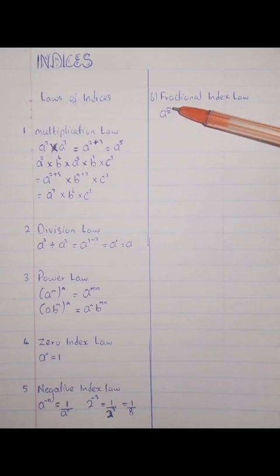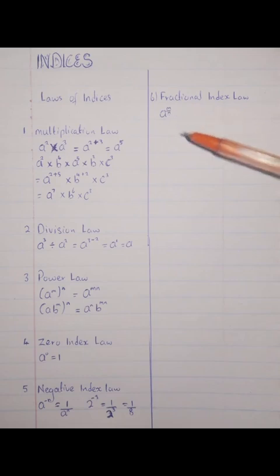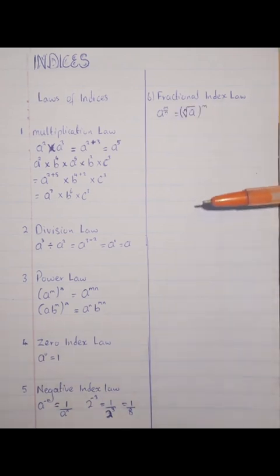Assuming n is 2 and m is 1, so we have a to the power of 1 over 2. So we'll be taking the square root of a to the power of 1. Now let me express this properly. So this is the nth root of a to the power of m.